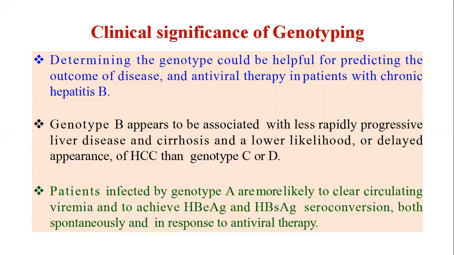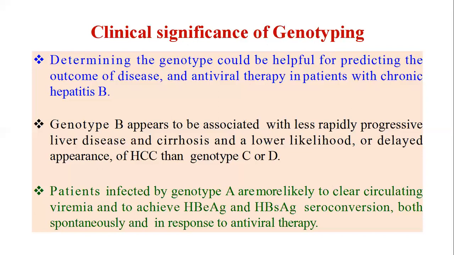Genotype B appears to be associated with less rapidly progressive liver disease and cirrhosis of liver, or delayed appearance of hepatocellular carcinoma than the other 2 genotypes, that is C and D. Patients with infection by genotype A are more likely to clear circulating viremia and to achieve HBeAg and HBsAg seroconversion, both spontaneously and in response to antiviral therapy.